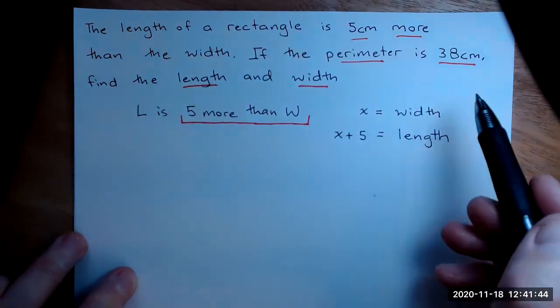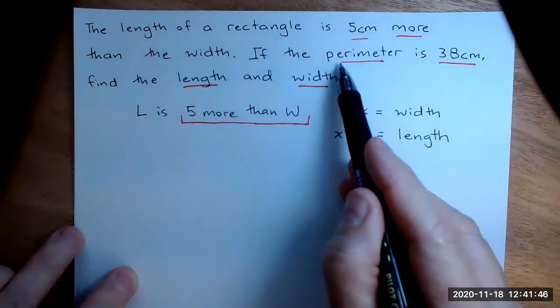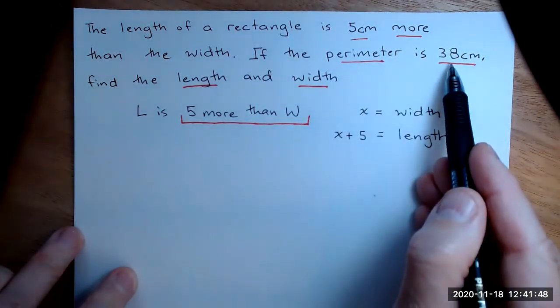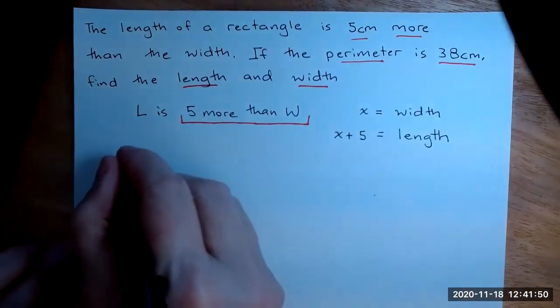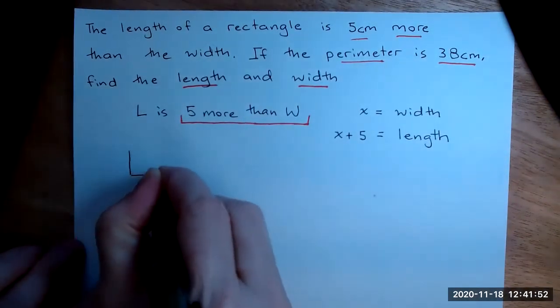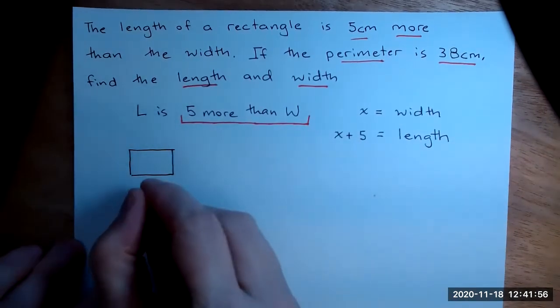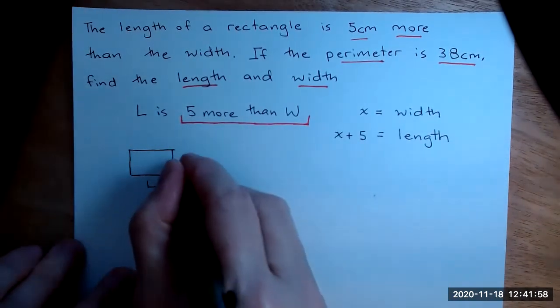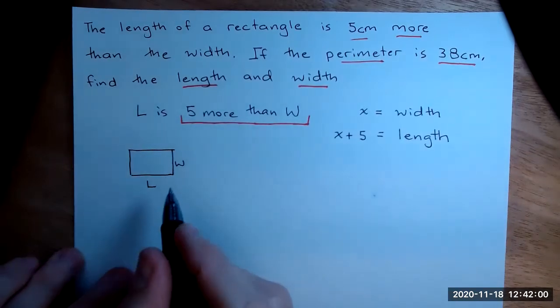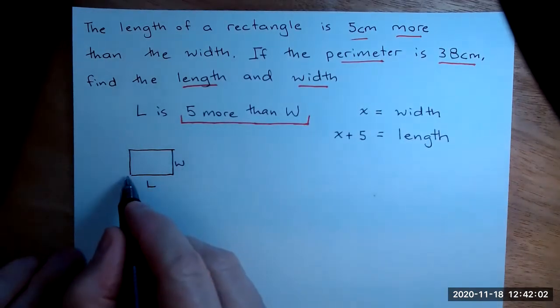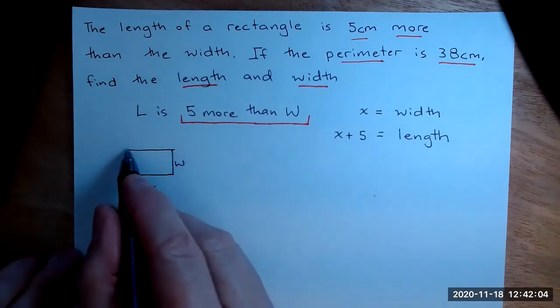All right, what is our problem telling us? The perimeter is 38 centimeters. So sometimes it helps to draw a picture. And you'll recall that the perimeter is the distance around an object.